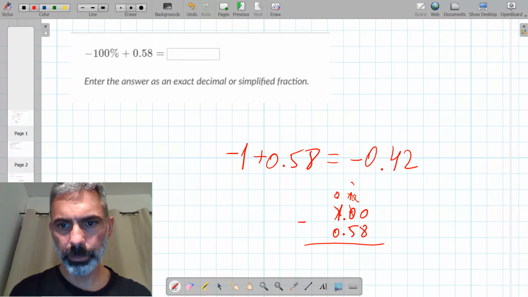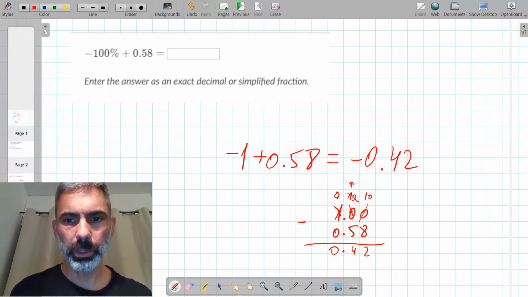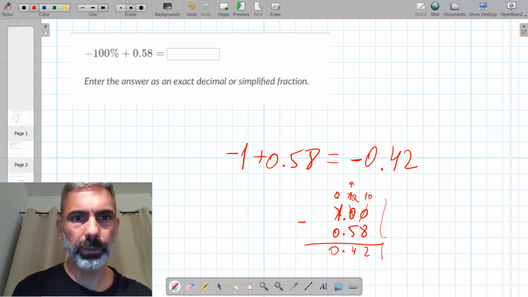Now this becomes 9 and this becomes 10. 10 minus 8 is 2, 9 minus 5 is 4, so 0.42. That's the difference, and the difference is negative because minus 1 is greater than 0.58.